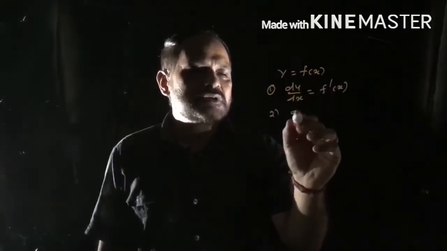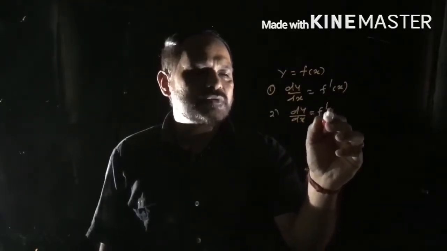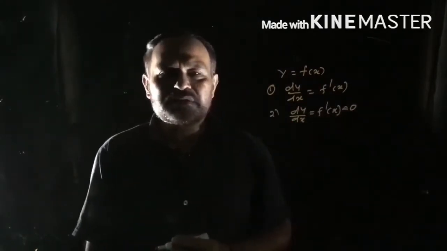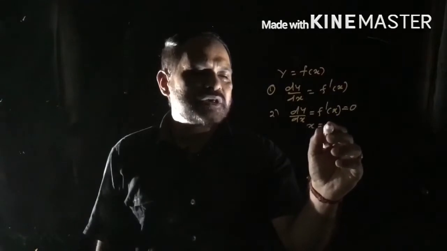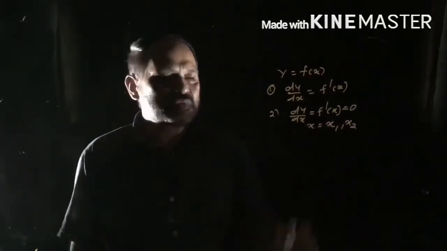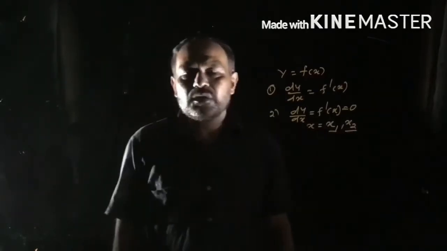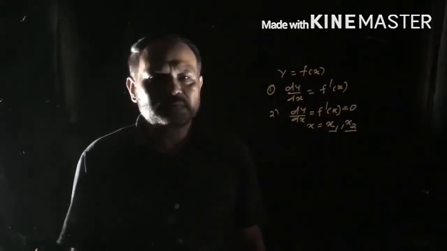Next, consider dy/dx equal to 0. On solving this equation, find the value of x. Suppose x is equal to x1 and x2. Then x1 and x2 are called the extremum points, or critical points.